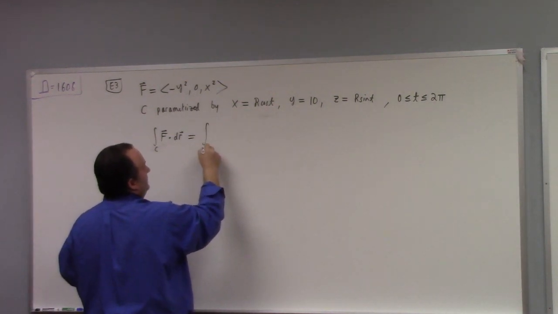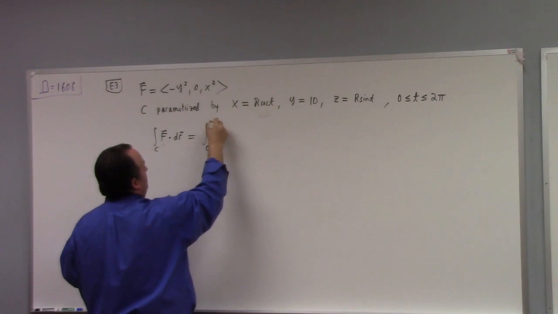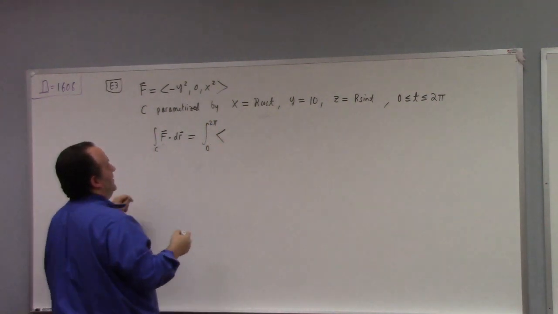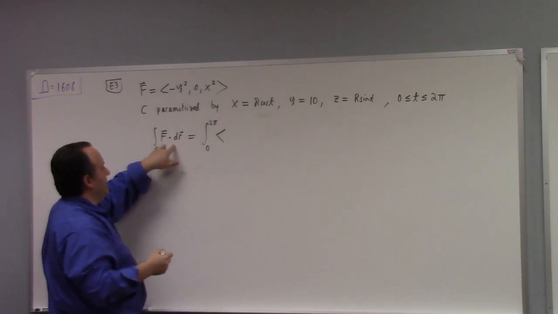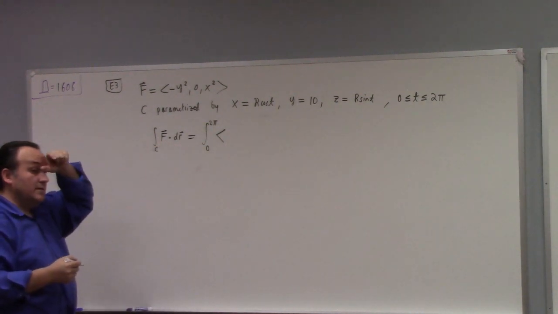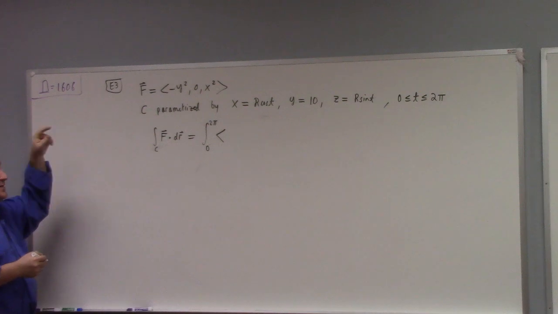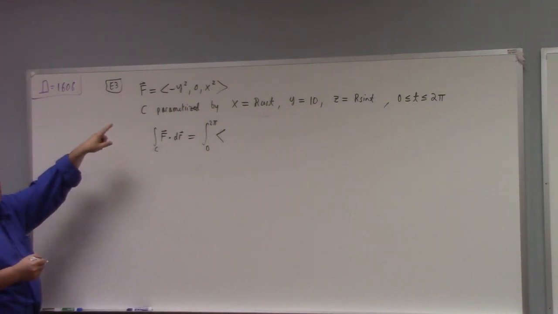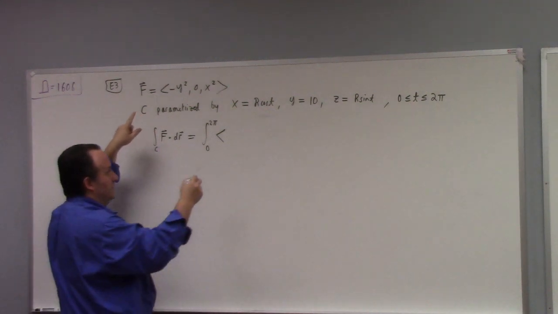We've got the integral from 0 to 2 pi of, and how does it go? I have to evaluate the vector field along the path. So I put y equals 10 into the formula. This gives me what?